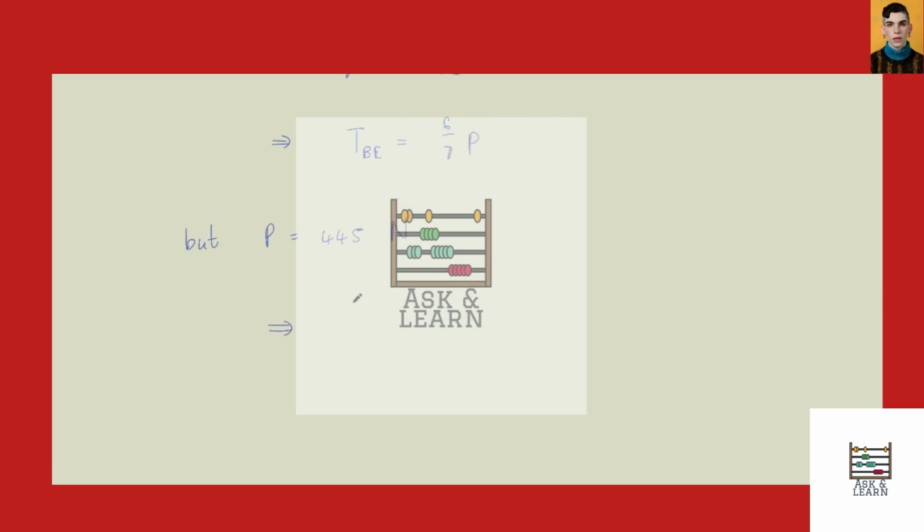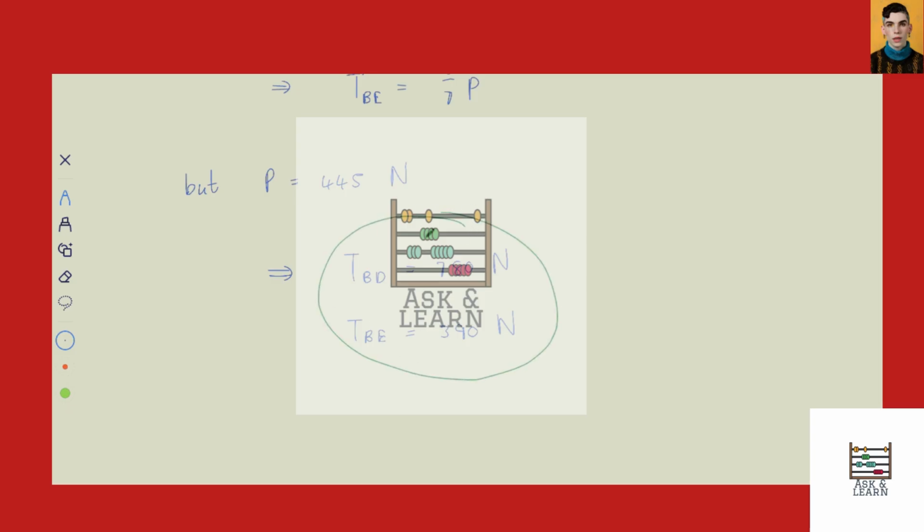And therefore, we find TBD to be 780 newtons, and TBE, these are from the expressions above, is 390 newtons. So those are our two tensions as required. Now we have the tensions. We want to find the reaction at A.